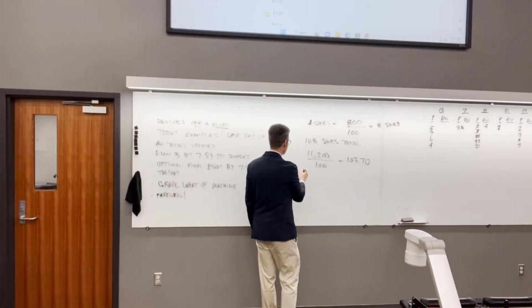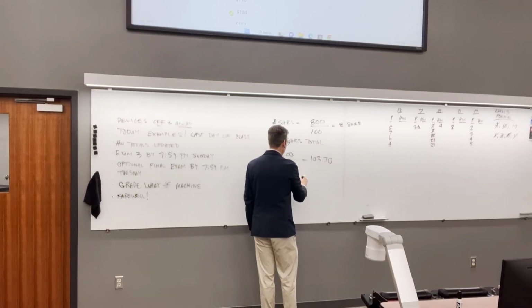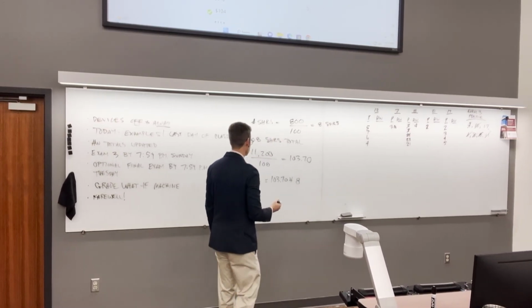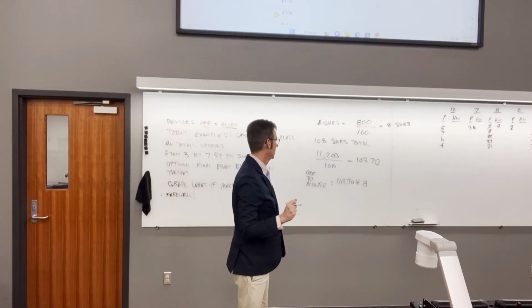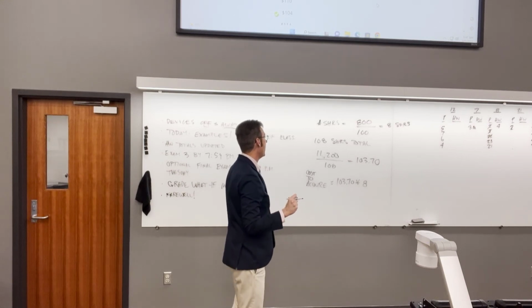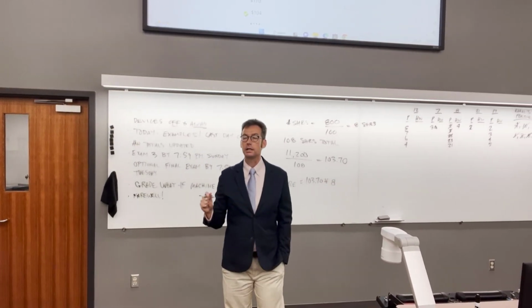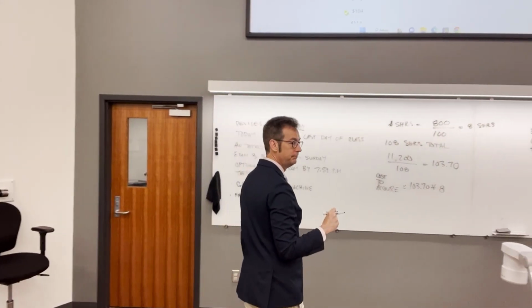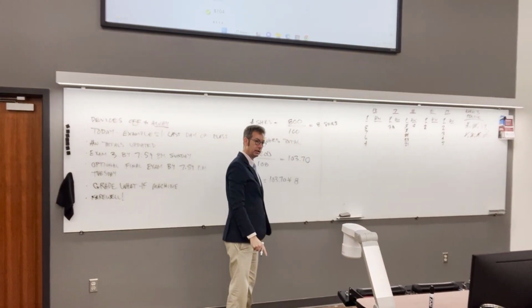So the cost to acquire is equal to 103.70 times 8. We could also ask about the NPV. Remember that the NPV that we calculate is to the original shareholders of the bidding firm. This share price went from 100 to 103.70.